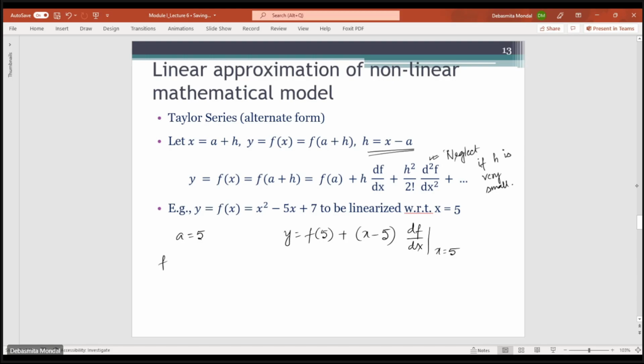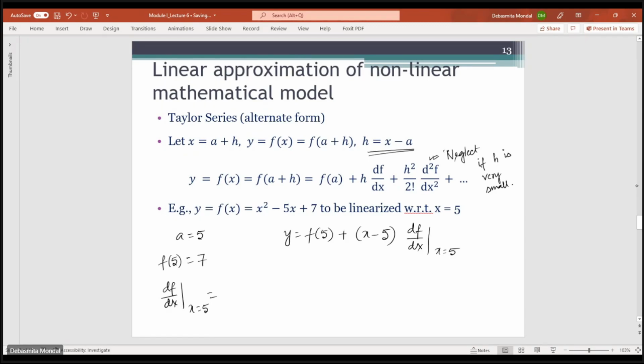So what will be the value of f(5)? Ma'am, 7. f(5) is 7. Fine. And what is the value of df/dx at x equal to 5? Ma'am, it's 0. Why? Ma'am, 5 minus 5, 0.